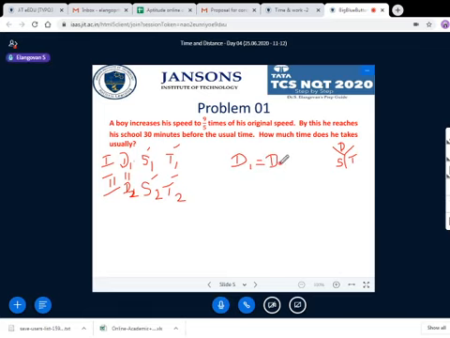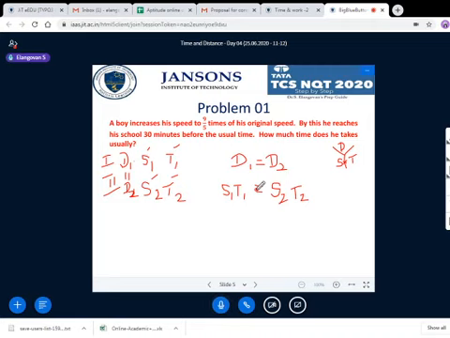Just listen to this solving of this problem. It is so simple. What is the formula for D? D is equal to S into T. So I am writing S1 T1 is equal to S2 T2. If you equate this, then it is all over.